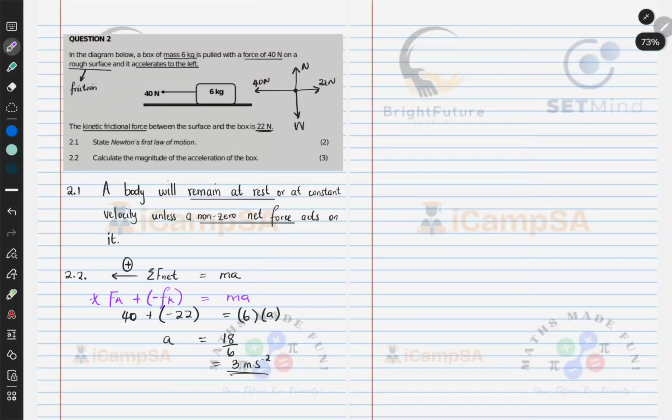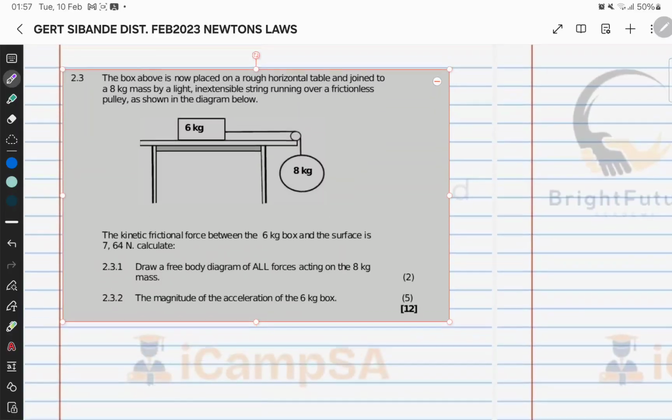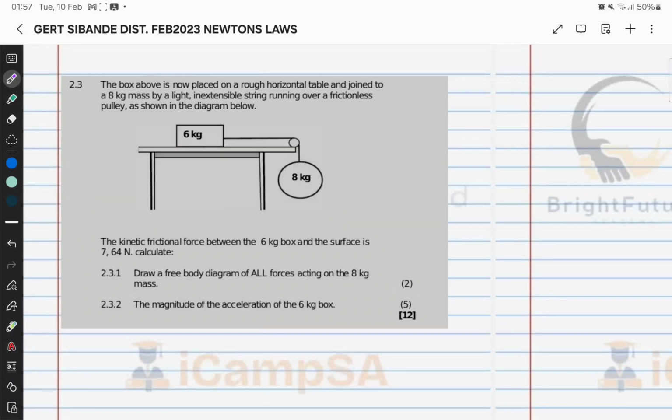So now let's move to the second part of this question. In the second part of our question, we're given this block, and it's connected to a hanging mass, which is 8 kilograms.